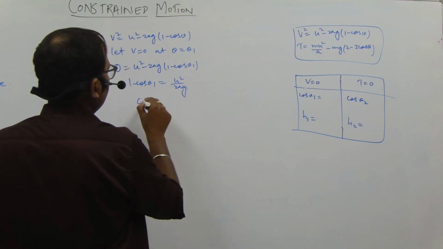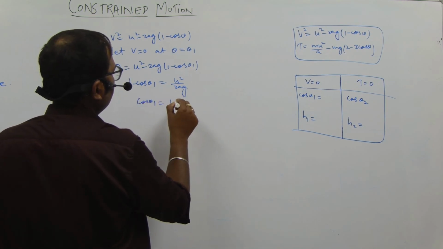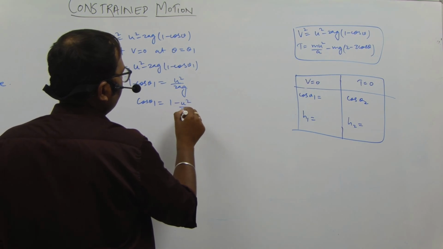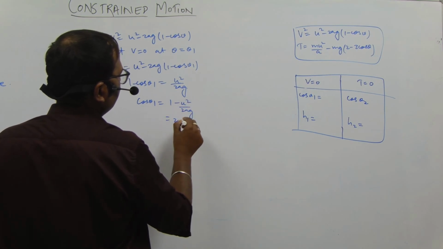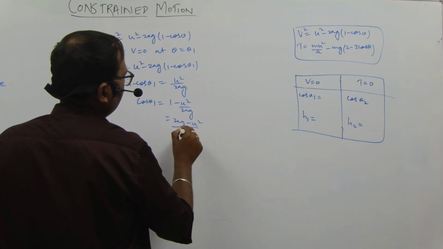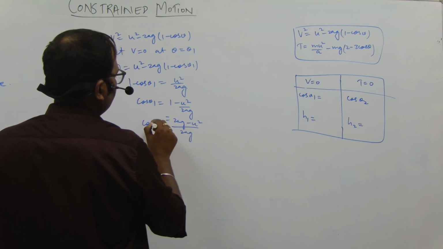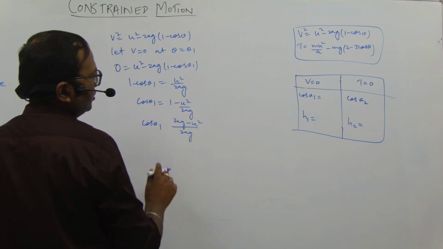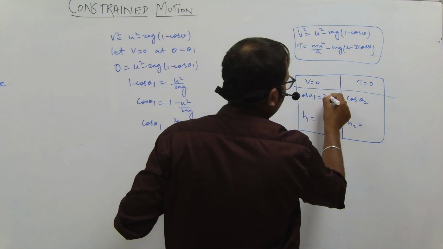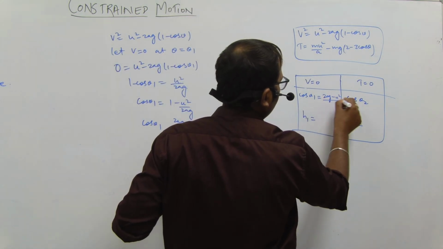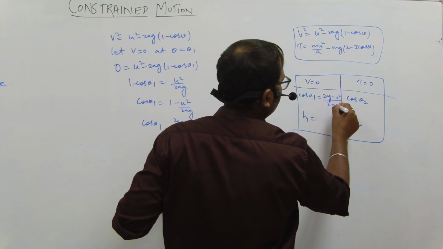Clear? So cos theta 1 is equal to 1 minus u square upon 2ag. So cos theta 1 is equal to 2ag minus u square upon 2ag.